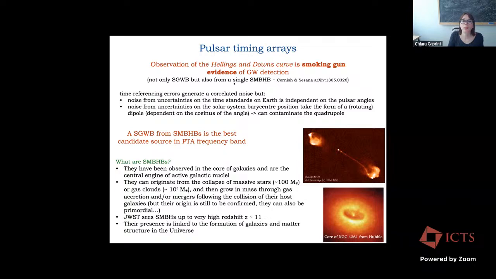It can also be obtained, the same cross correlation, using a single supermassive black hole binary, okay, but averaging over many pulsars.